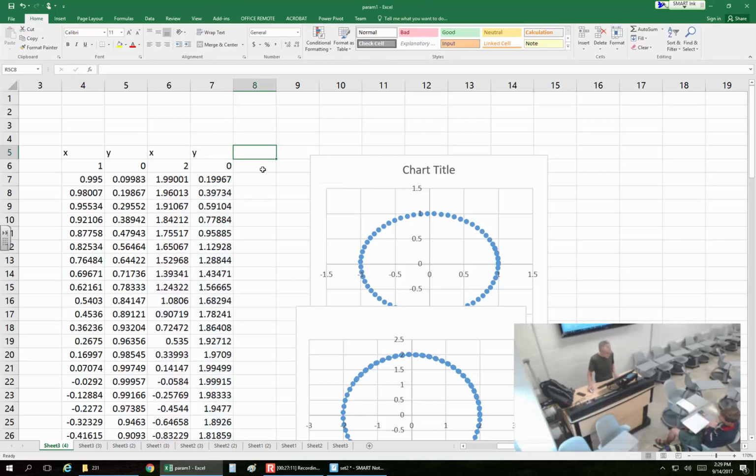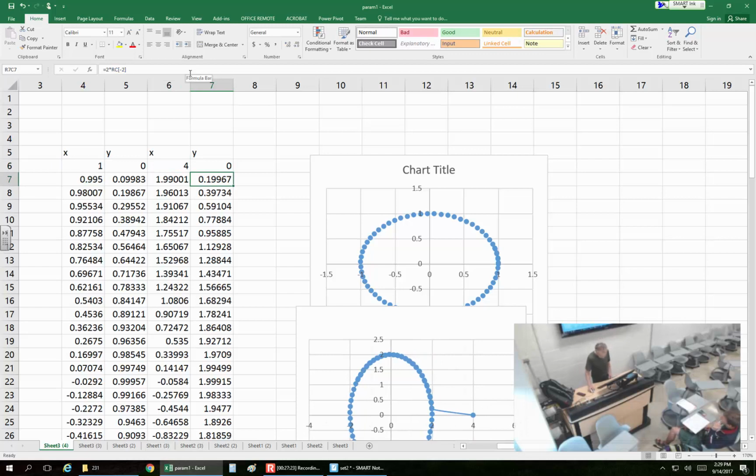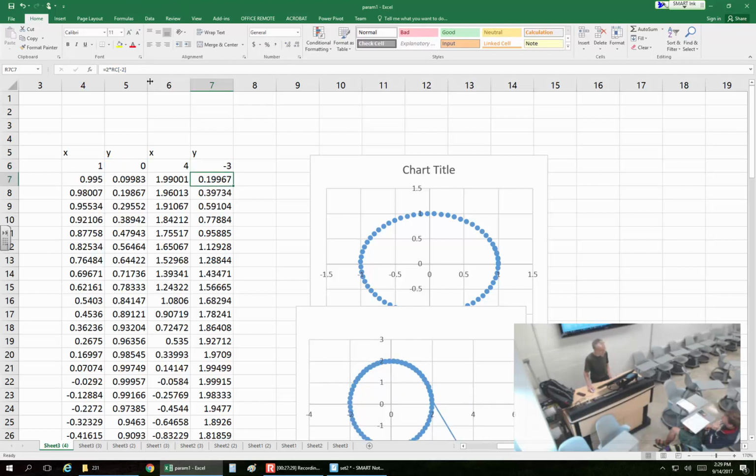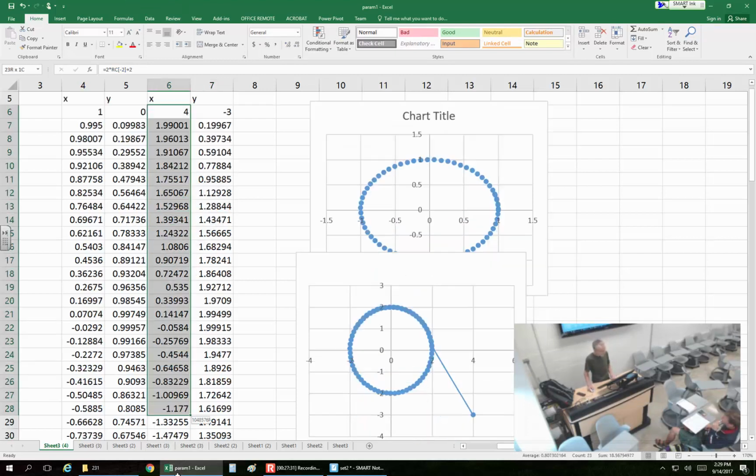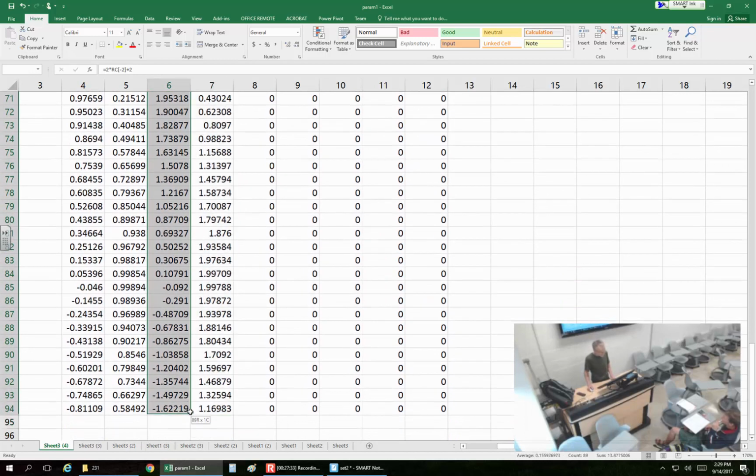Well, let me just modify this one. So the radius 2. What I'm going to do is say I add 2 plus 2, and here say minus 3. Minus 3. Okay, so I modify the x coordinate, y coordinate, and I have the same circle except it's going to be shifted.